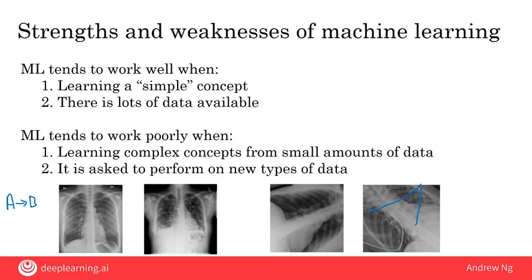And this is one of the things that AI is actually much weaker than humans. If a human has learned from images on the left, they're much more likely to be able to adapt to images like those on the right as they figure out that the patient's just lying at an angle. But an AI system can be much less robust than human doctors in generalizing or figuring out what to do with new types of data like this.